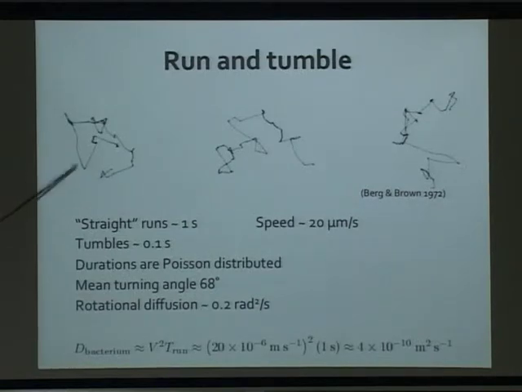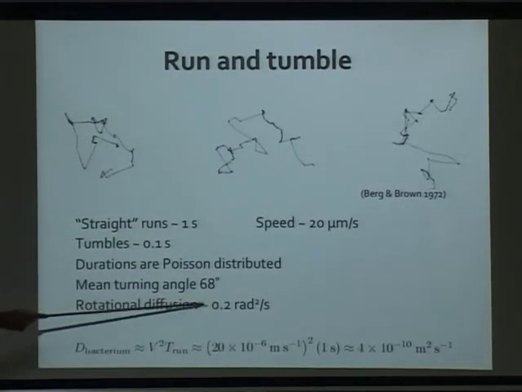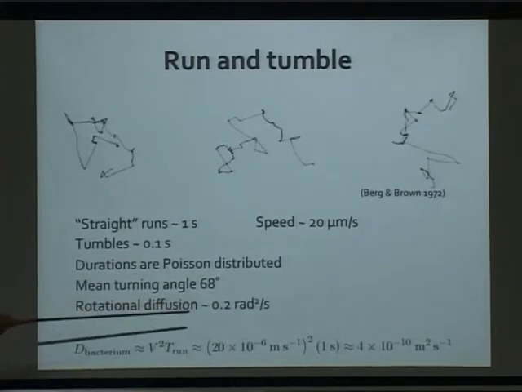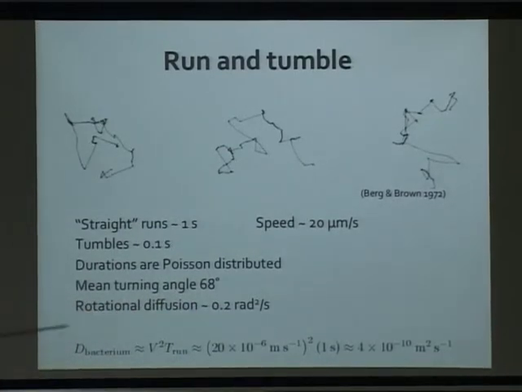So when you just estimate how much this 1 micron size object is sent off course because of the hits that it receives with water molecules, you see that this information is quantitatively encoded in the rotational diffusion coefficient, which tells you how many degrees squared per second it will go off course.